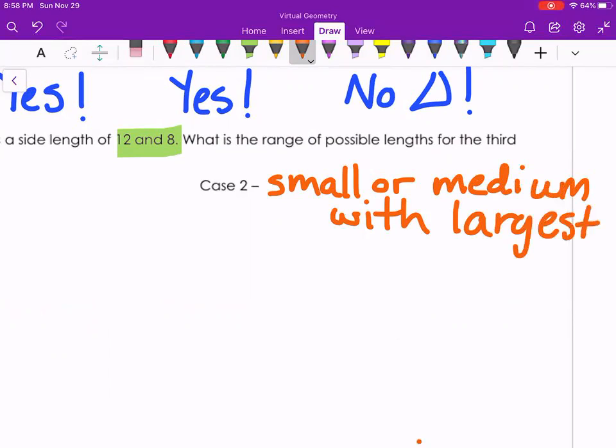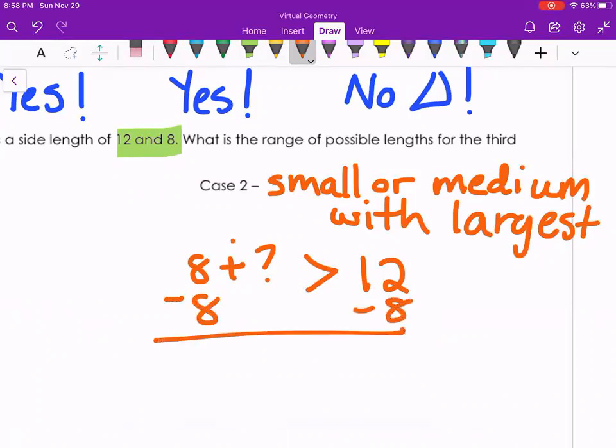So in this case, we subtract, because let's say if 8 is the small, 8 plus something, the sum of my two smaller, has to be greater than the third side. So it would need to be greater than 12. So in this case, we have a little bit of an algebra problem to solve. So we'll subtract the 8 on both sides. And my missing side has to be bigger than 4.